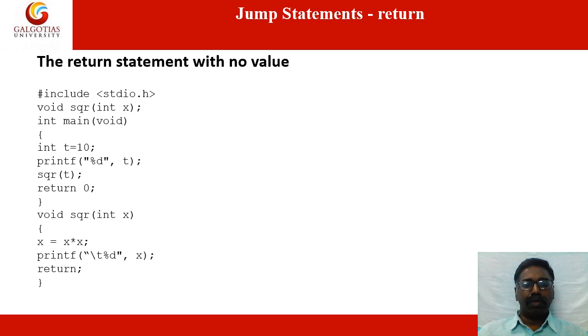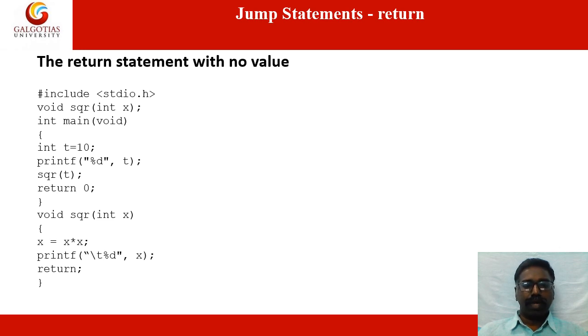Execution is now transferred to the function outside the main, void sqr int x. So what is this int x? It is a formal parameter. t is the actual parameter, x is the formal parameter. A copy of the t value is stored in x.